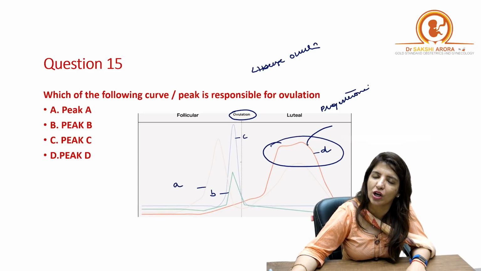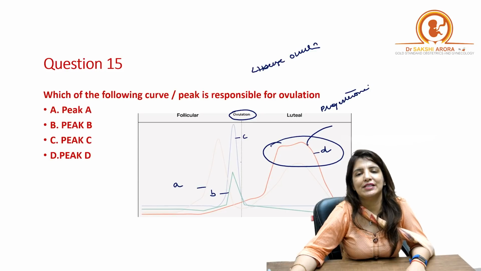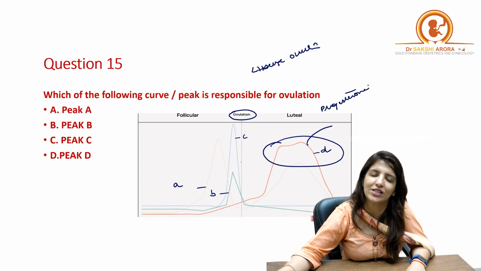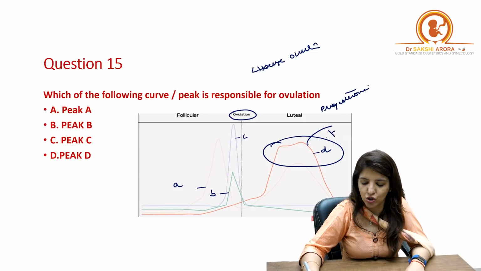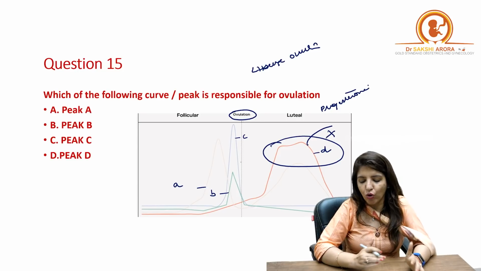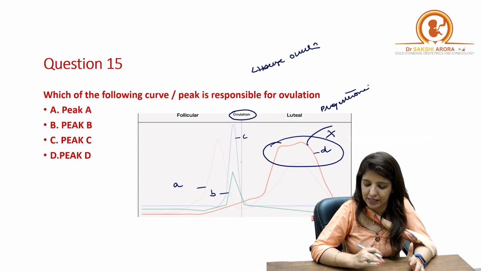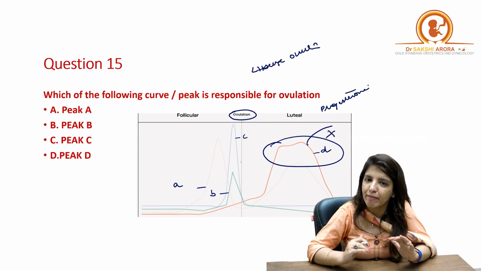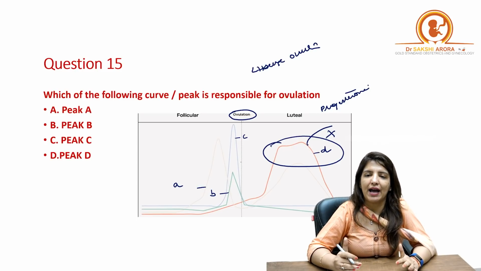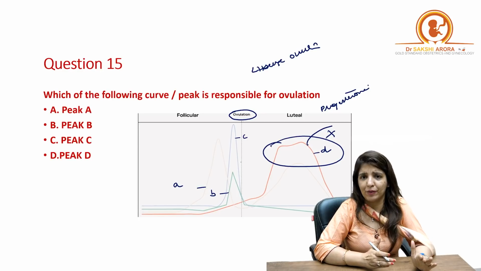And when are the progesterone levels highest? Progesterone levels are highest 8 days after ovulation, that is on day 22 of the cycle, right? So it is not peak D. Peak D is happening after ovulation. Now before ovulation, I can see 3 peaks, A, B and C. Amongst these 3 peaks, peak C and peak B are happening just before ovulation, right?